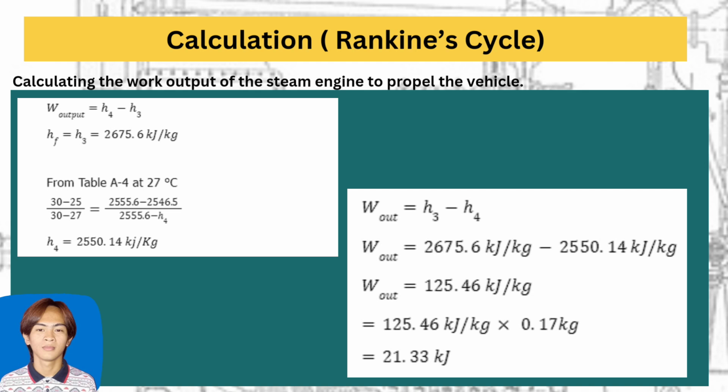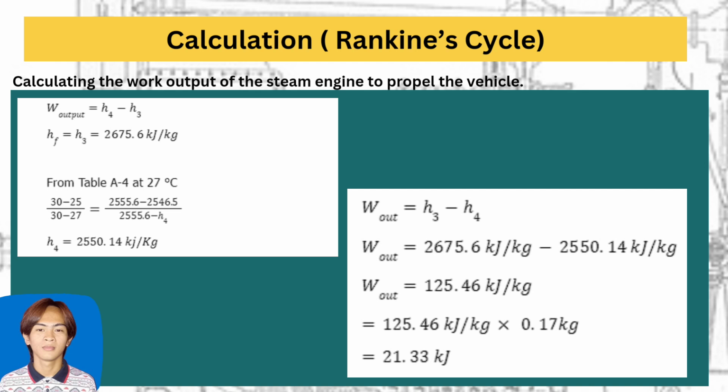27 degrees Celsius. So we need to use the interpolation formula, and we will get H4 equal to 2550.14 kJ/kg. Now we substitute the values in the formula, and we will get 2675.6 minus 2550.14 kJ/kg, and we will get 125.46 kJ/kg.